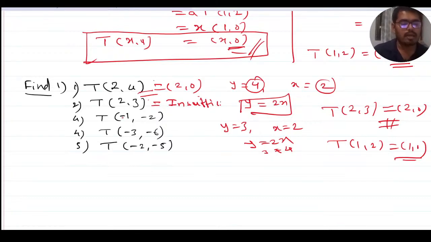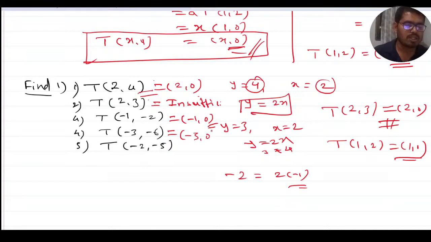Next, see here: T of (-1, -2). Yes, no problem: -2 is 2 times -1, therefore the second coordinate is double the first coordinate. In that case it is defined, and T of (x, y) is equal to (x, 0), so it is (-1, 0). Similarly, -6 is double of -3, therefore its image is (-3, 0).